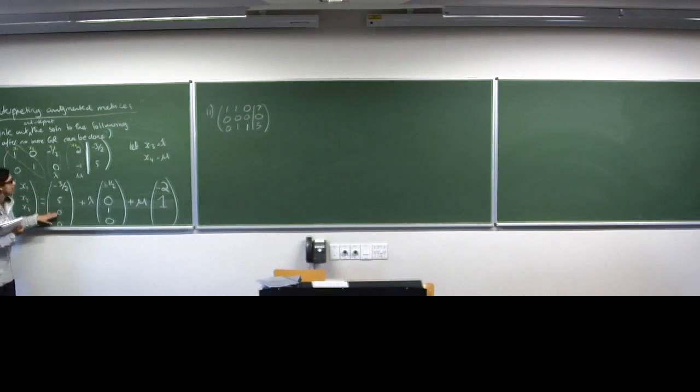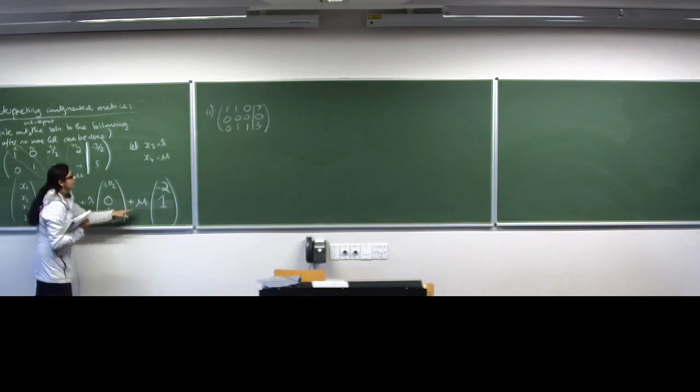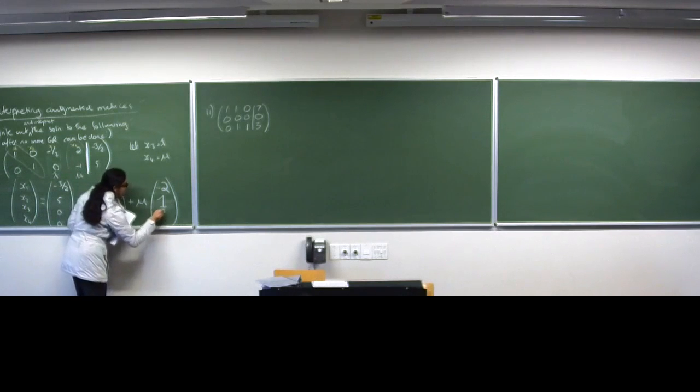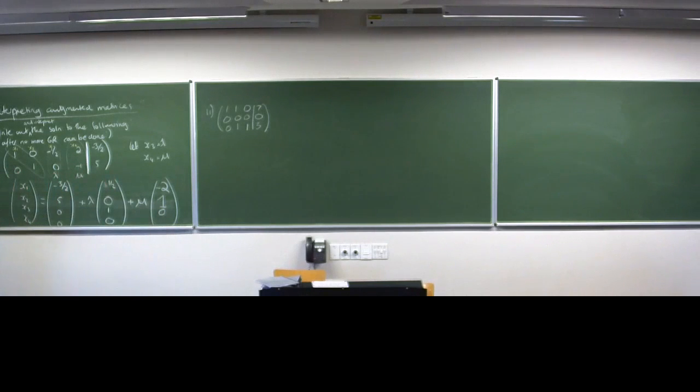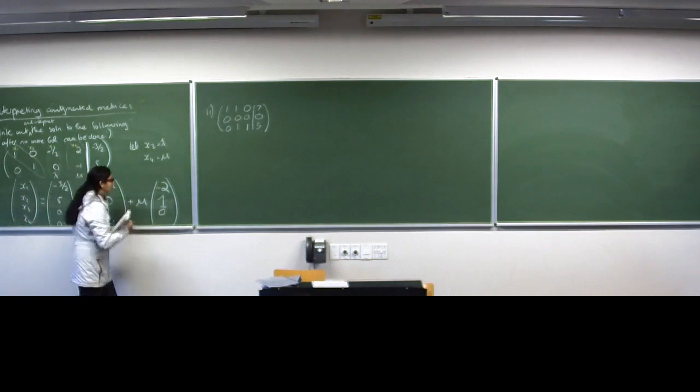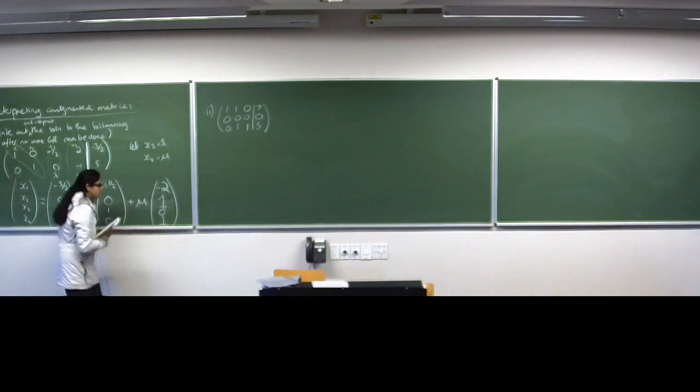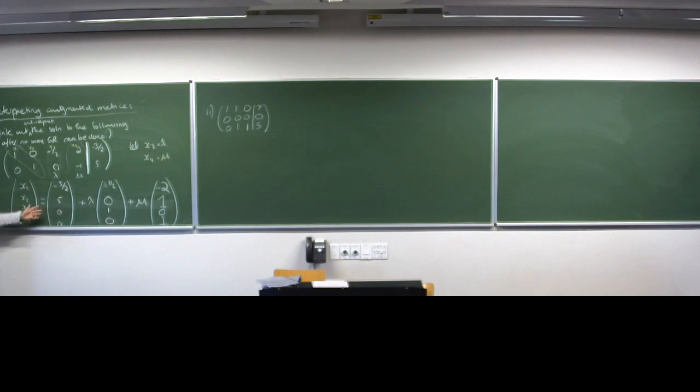So it's going to be 0 plus lambda plus 0 mu. And x4 is equal to 0 plus 0 lambda plus 1 mu. And that is our writing our answer in your column vectors.